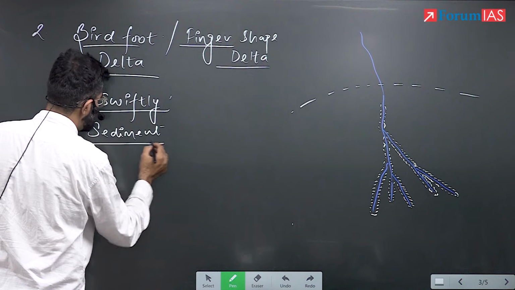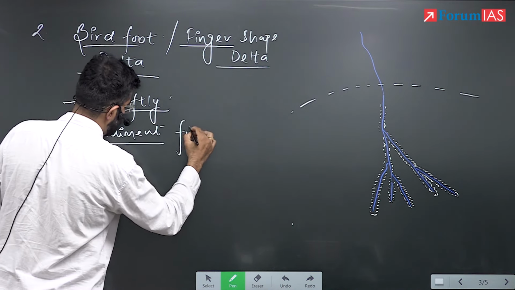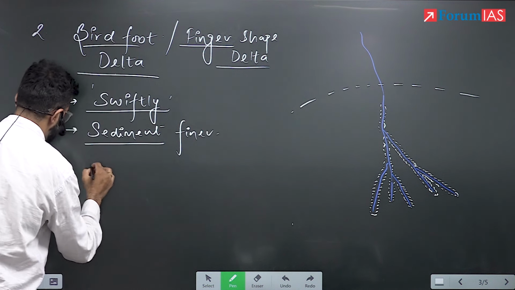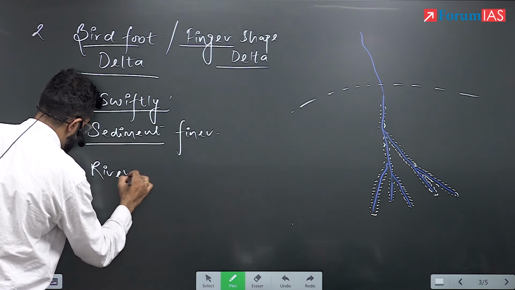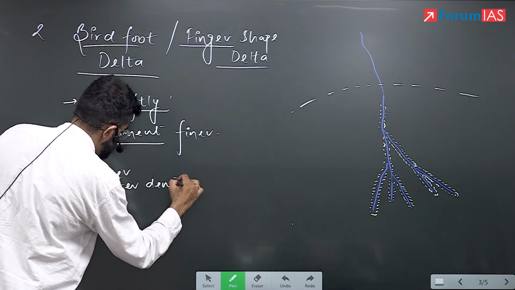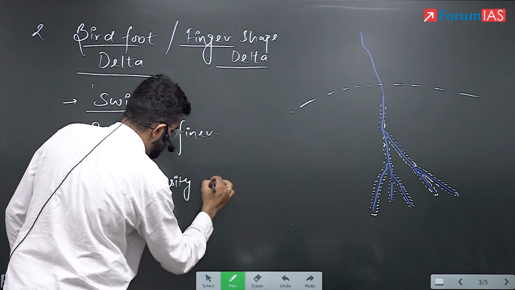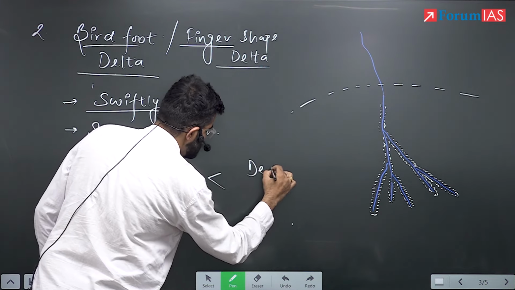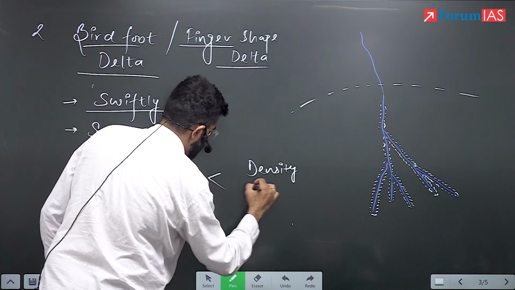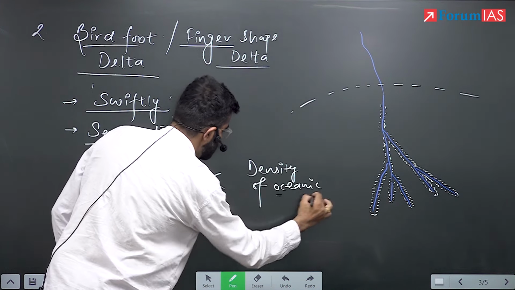Remember, in the previous case, sediments were coarser, and here the sediments are finer, and the river's water density is much lesser than the density of oceanic water. These are again the 3 conditions that you should remember.